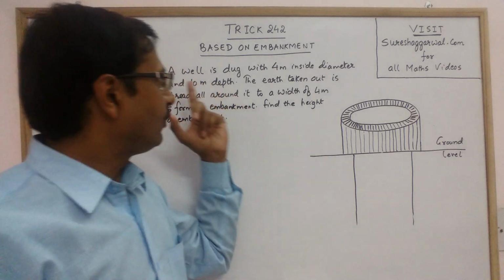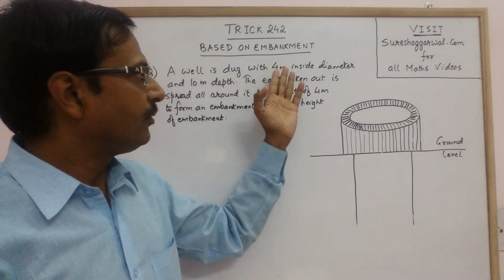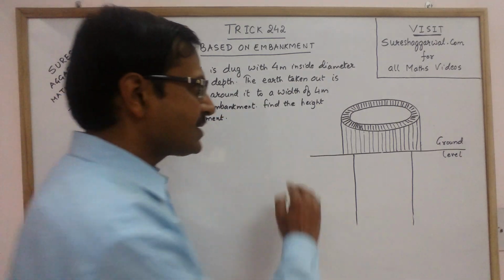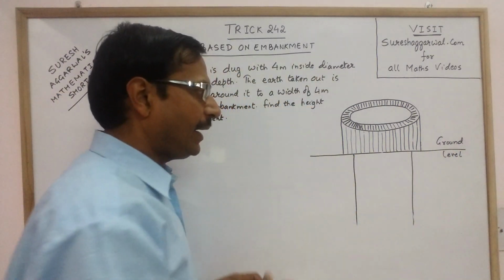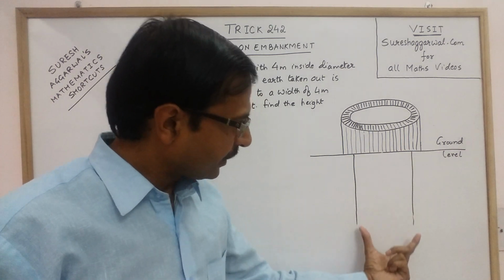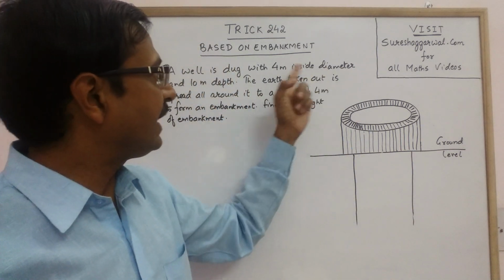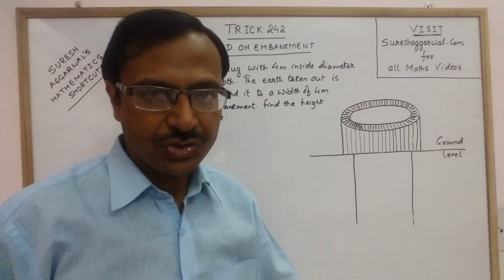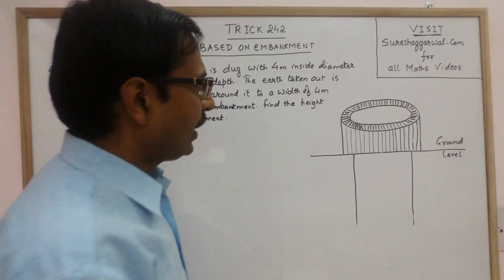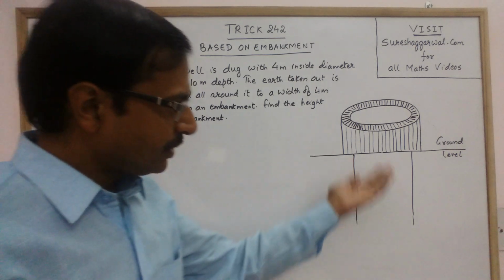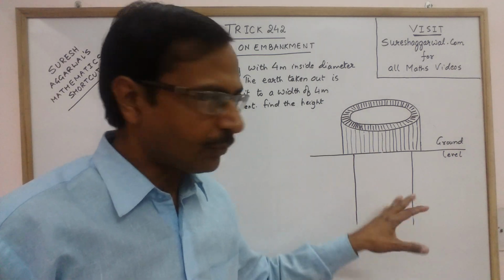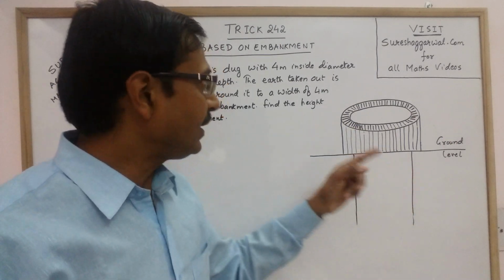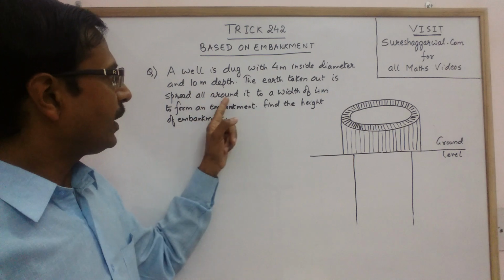Now the question goes like this. There is a well which is dug with a given diameter and a given depth. Now see, this is the ground level and we are digging a well. Obviously, if the diameter of the well is given, that means the well is cylindrical in shape. Now, the earth or the mud which is taken out from this well by digging, it is spread all around it.